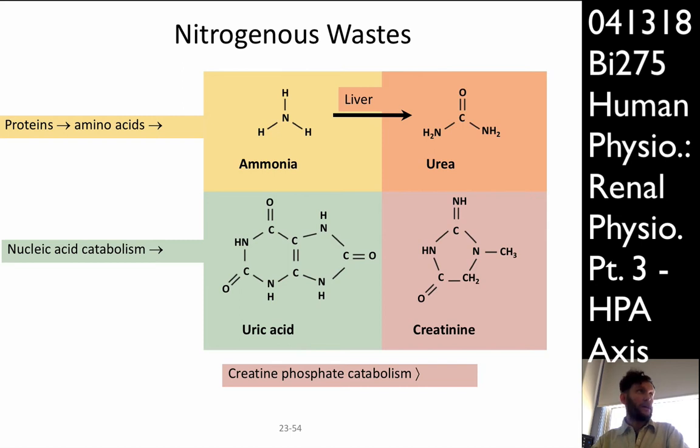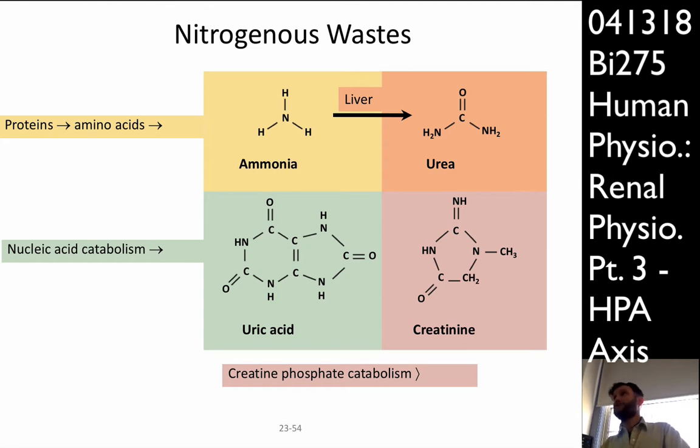So what is it that we're actually getting rid of? What are the waste products that we find in our urine? So there's going to be two general sources of nitrogenous waste. A lot of what is in the urine as a waste product is just nitrogen-containing compounds.